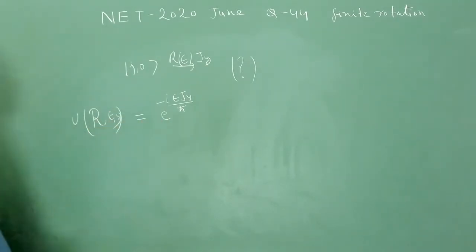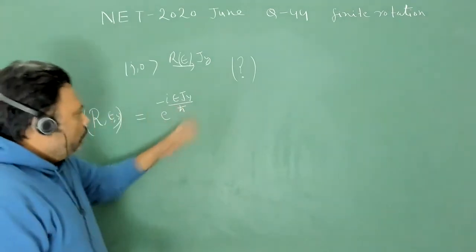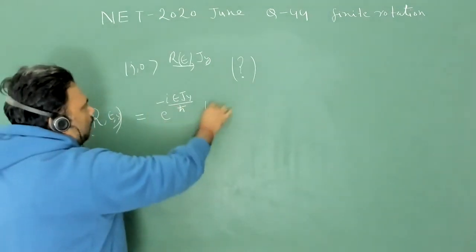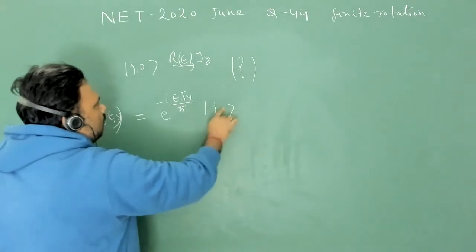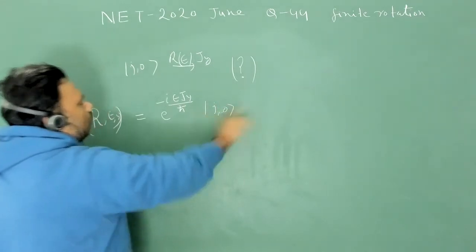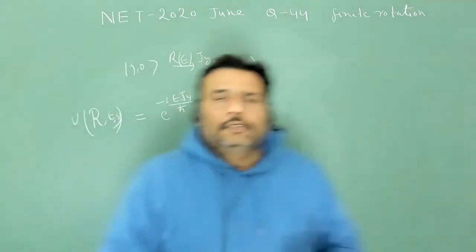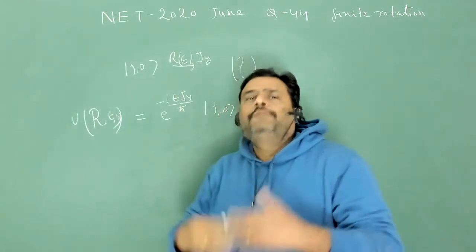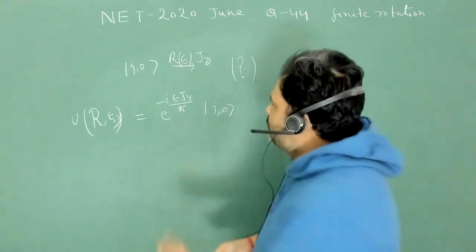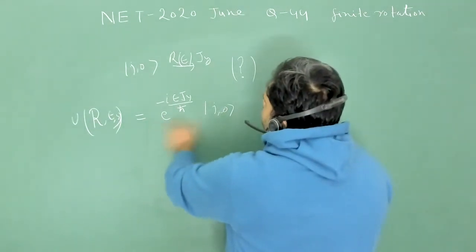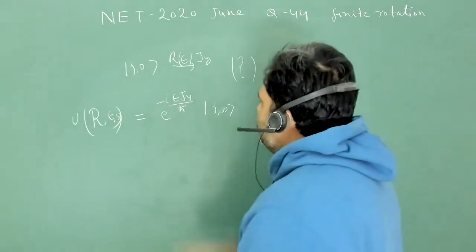So these are the parameters. What we have to do is operate this operator on |j0⟩, and then we will see what happens. But in the problem, they have asked us to give the answer up to order of epsilon. That means we can easily do the Taylor expansion of this operator.